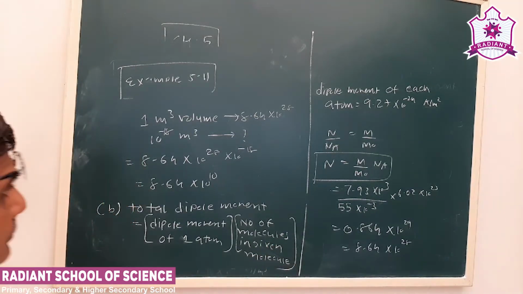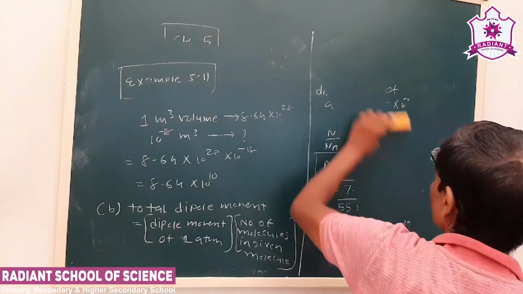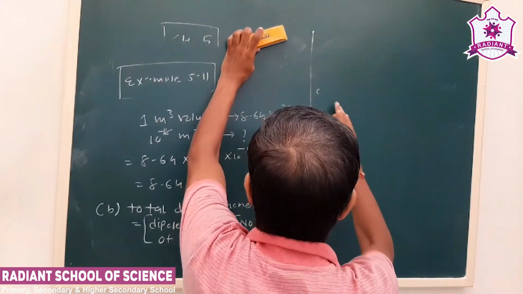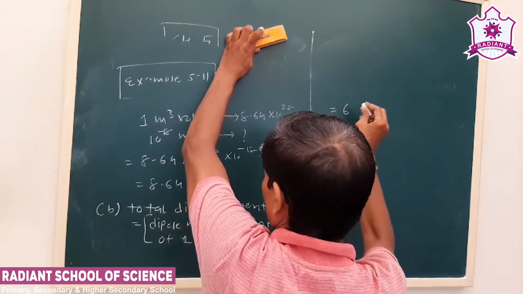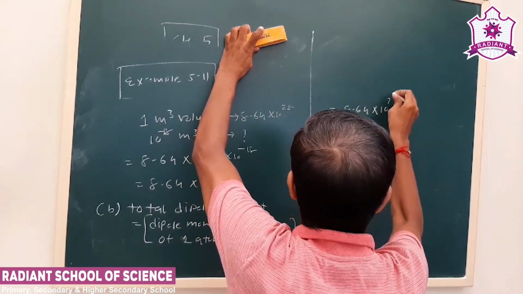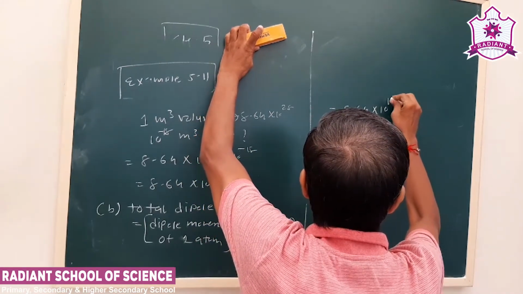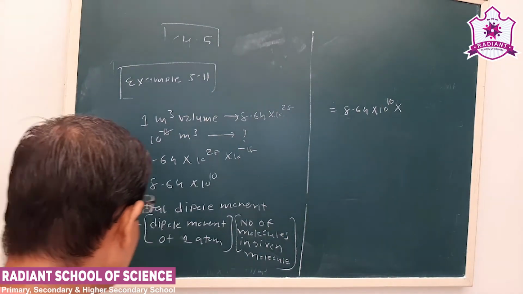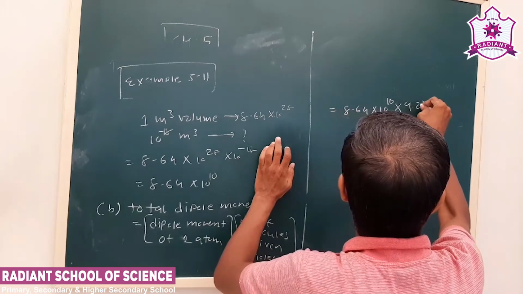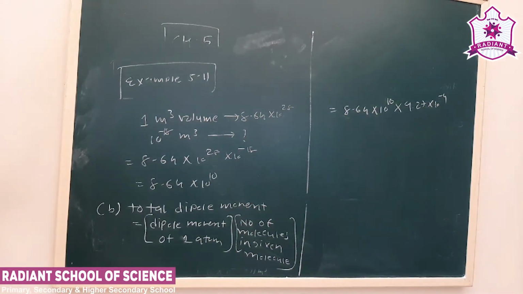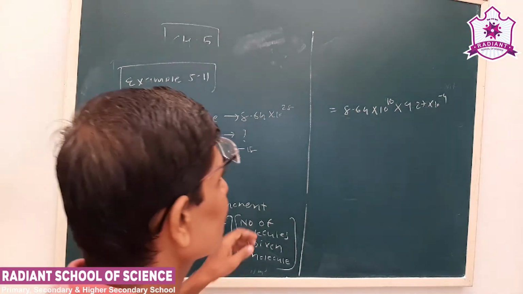Okay, now, and the dipole moment of one molecule is given as 9.27. Okay, that is the dipole moment of one molecule. So that is minus 24 given.